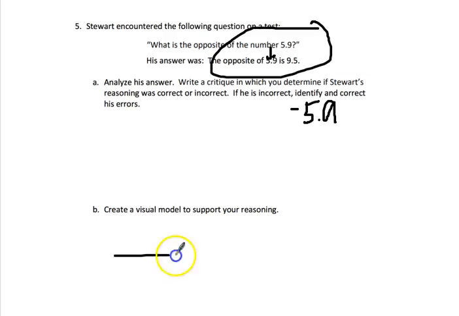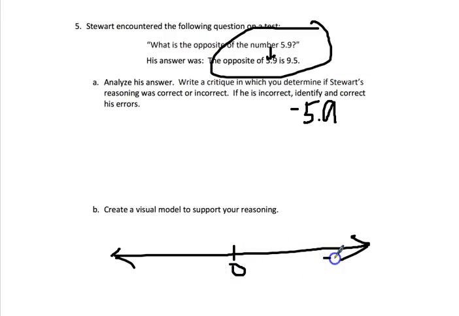Create a visual model. Well, you're going to have a number line. You're going to have 0. And on that number line, I'm going to have 5 9/10. Okay, and I want the opposite number. Remember, opposite numbers are equidistant from 0.